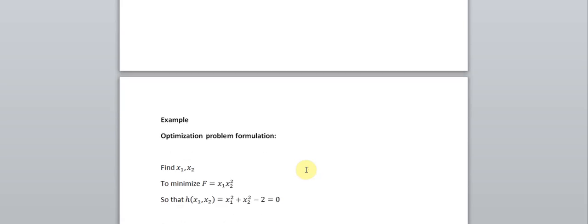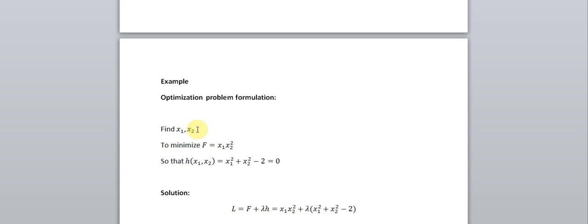Here is an example optimization problem. This problem involves two design variables, x1 and x2, and we wish to minimize the objective function capital F, which is the first design variable times the square of the second.